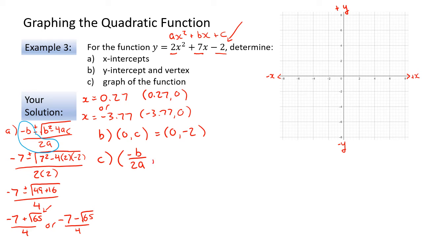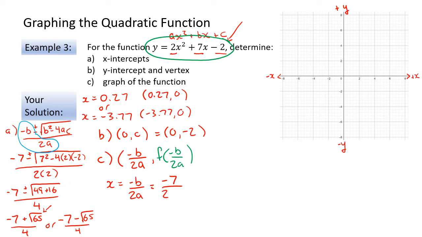The y-coordinate is this function, or f at the point negative b over 2a. So starting with the point, x is equal to negative b over 2a, which in this case is equal to negative 7, which is b, divided by 2 times 2, which gives you negative 7 over 4, or negative 1.75.